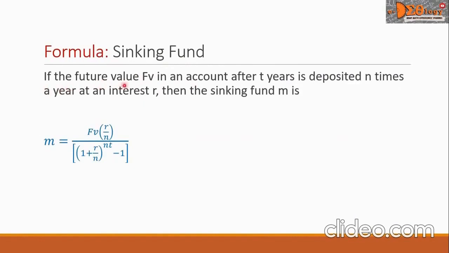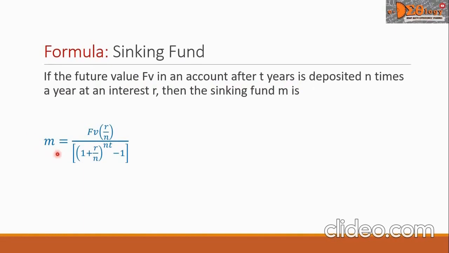If the future value denoted by FV in an account after T years is deposited N times a year at an interest R, then the sinking fund M is denoted by this big formula here.